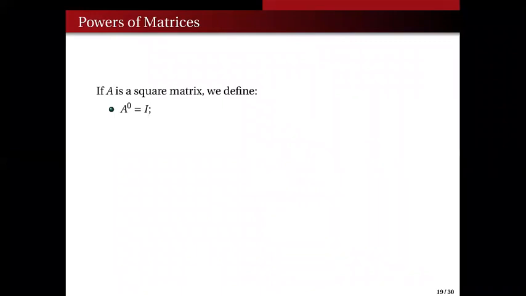And then, of course, if you have A to the power n, where n is a positive integer, it's just that you multiply A with itself n times. So you have A times A times A until times A, where you have n factors of A.